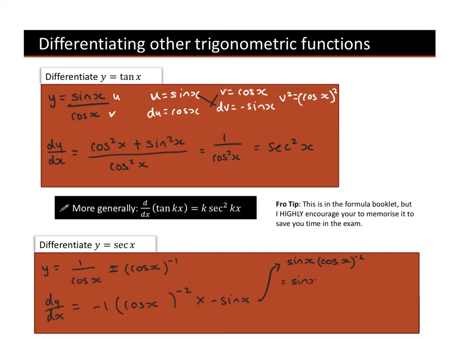So this equals sine x over cos x squared, which is the same as sine x over cos squared x, which I could write as sine x over cos x multiplied by 1 over cos x.